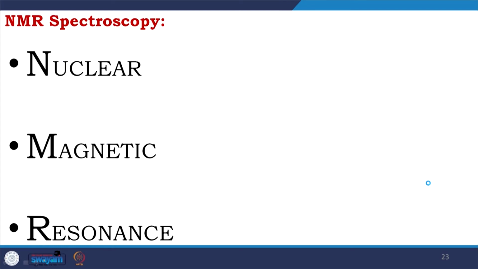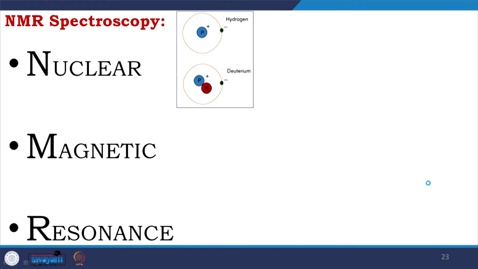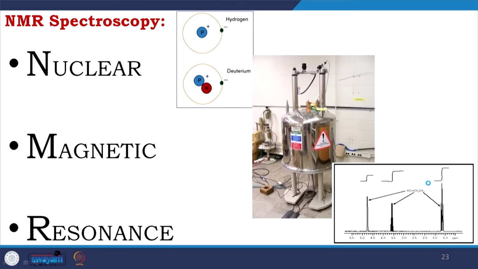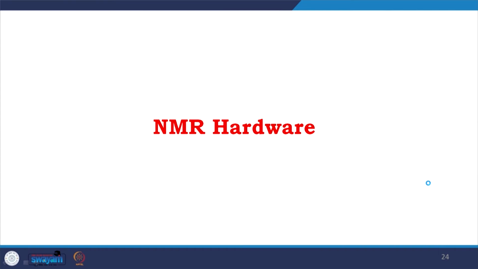So, I talked about NMR spectroscopy, the nucleus we discussed, the resonance we discussed and the magnetic property, magnetism, we discussed. Now, we will talk about the hardware of this. So, we will discuss NMR hardware.